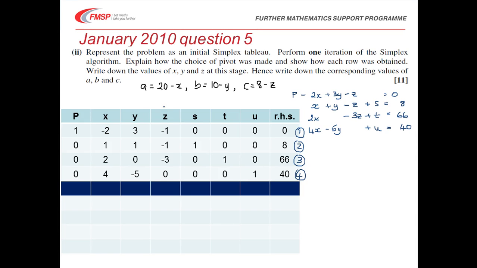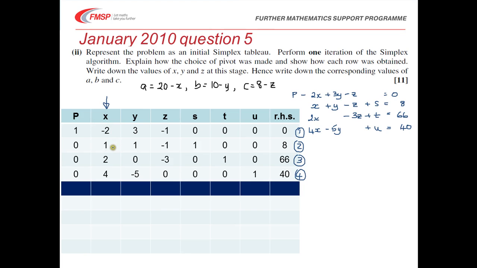Now in the particular case of z, it wouldn't work because we are not allowed to have negative pivots and we can't have a 0 pivot. So z cannot be our pivot column, so it must be the x column. So the x column will be our pivot column.